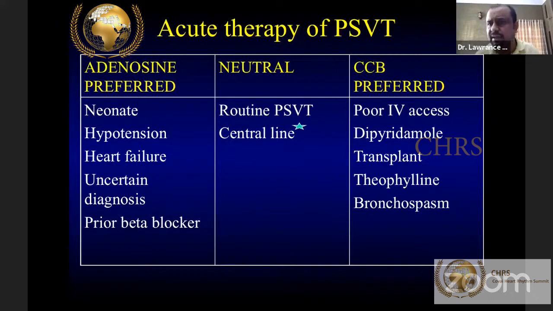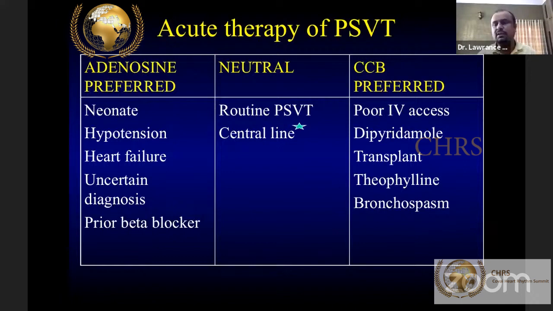If the patient is routine, but you have poor IV access, if you have a small line in the hand, some 21 or 22 gauge line, and you are trying to give adenosine through the line, you are unlikely to reach the heart. At that time I would rather prefer a calcium channel blocker. Patients who are already on dipyridamole or post-transplant patients don't respond to adenosine, nor do patients on theophylline or with a history of active bronchospasm.